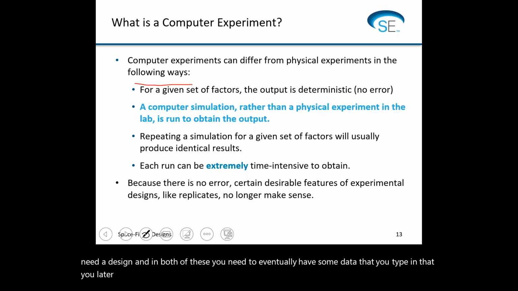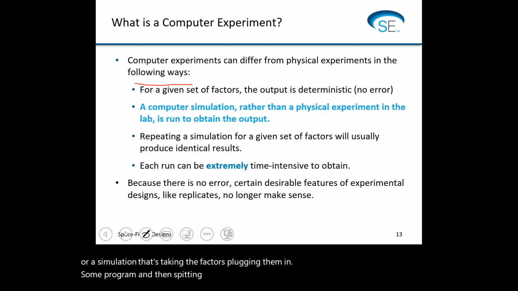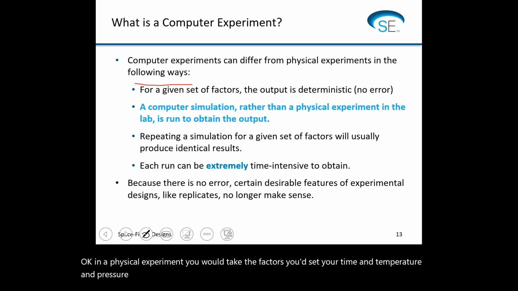The difference is that in a computer experiment, it's usually a script or a simulation that's taking the factors, plugging them into some program, and then spitting out a response. In a physical experiment, you would set your time and temperature and pressure and whatever, wait, and then measure the response and type it in.